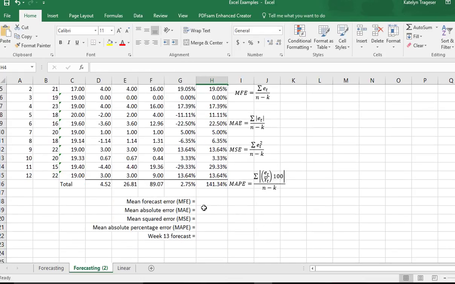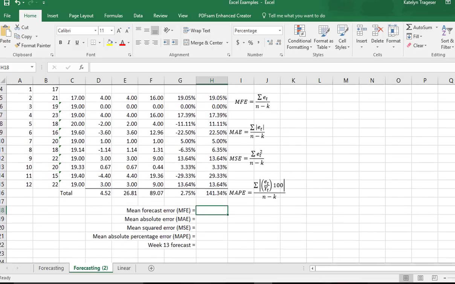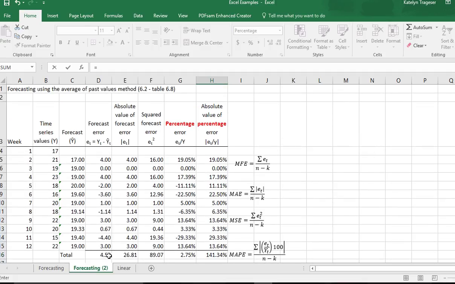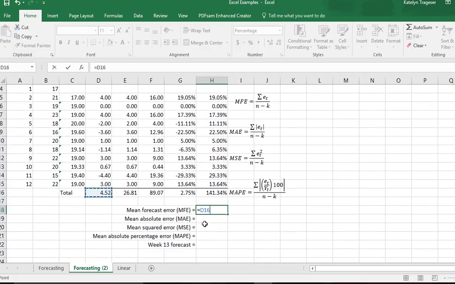Now we want to calculate our mean forecast error. So remember, here are our equations, and our mean forecast error equals the sum of our errors, sum of E sub t, so equals this sum divided by n minus k, that is the same as before, 12 minus 1.